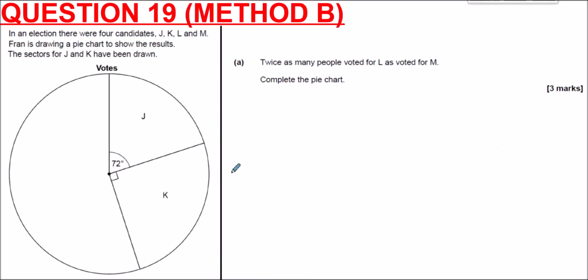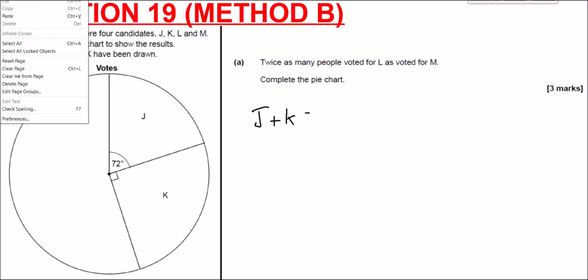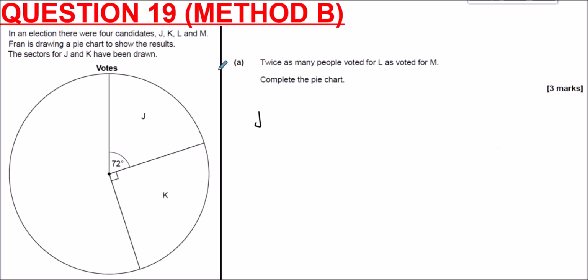J plus K, like we said from the previous method. Oops, I'll just clear this away actually. So J plus K will come to a total of 72 plus 90, which is 162 degrees.